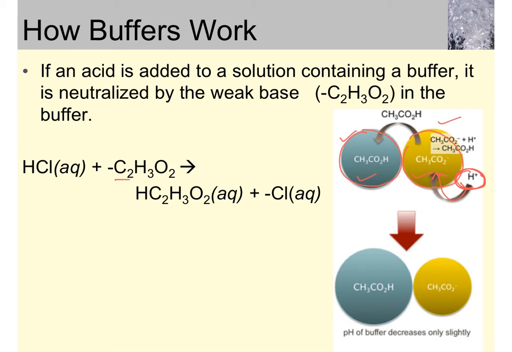All of the base reacts with the contaminant acid to regenerate the other half of the buffer, which is acetic acid. So the bottom line is these two components of a buffer go back and forth if the buffer system is contaminated. So you end up with just slightly differing amounts of the weak acid and its conjugate base, depending on what contaminants have been introduced to the solution.